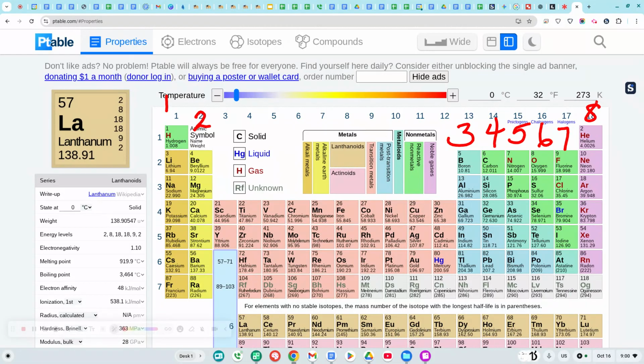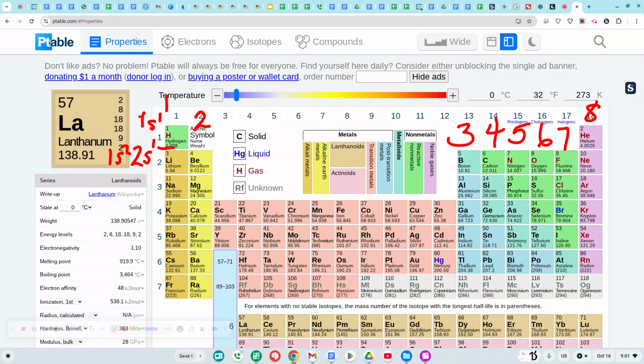Last week we learned about our electron configurations. So hydrogen, for example, was 1s1. Lithium was 1s2, 2s1. Remember, we always start at the first row and the first column, so that would always be hydrogen.